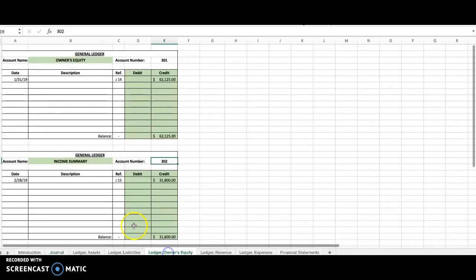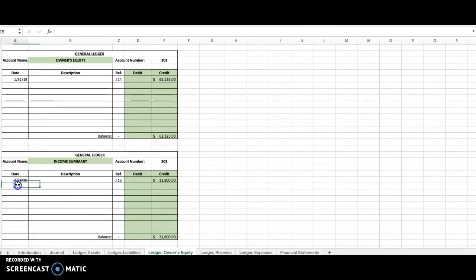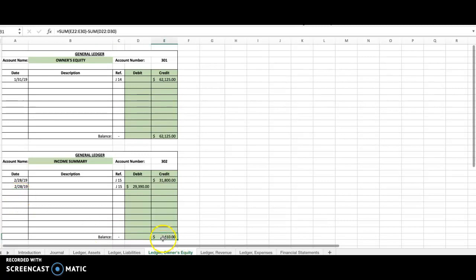So let's go back to that. This is our new account income summary. We use it again from J15, and that was a debit, $29,390. And that leaves me with a balance, as you see, of $24.10, which might sound familiar at this point.